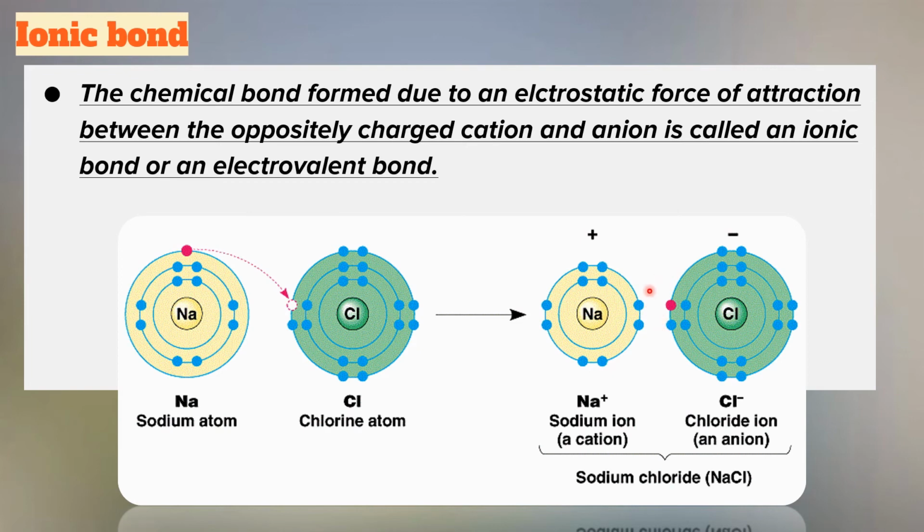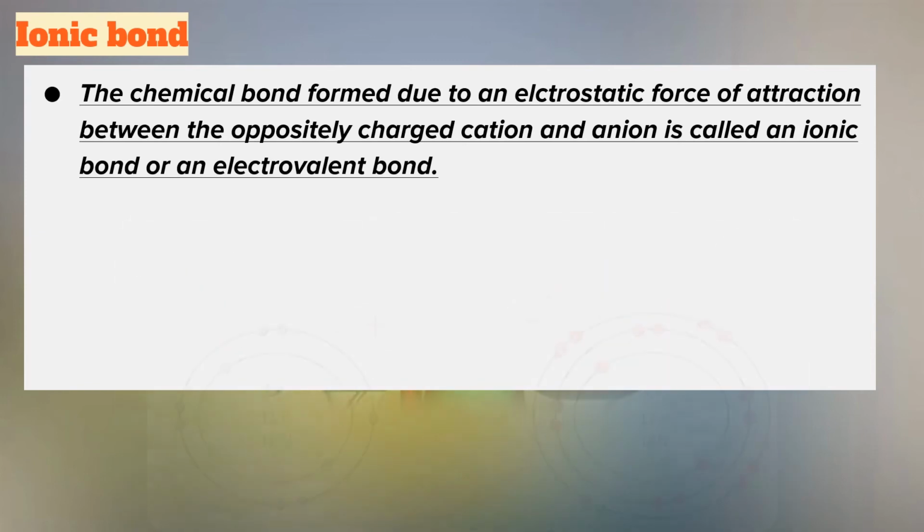So because of this attraction, a bond is formed which is called ionic or electrovalent bond, and the compound formed by means of ionic bond is called an ionic compound. The formation of the ionic compound sodium chloride from elements sodium and chlorine is shown in this diagram. So let us look at another simple diagram which will help.